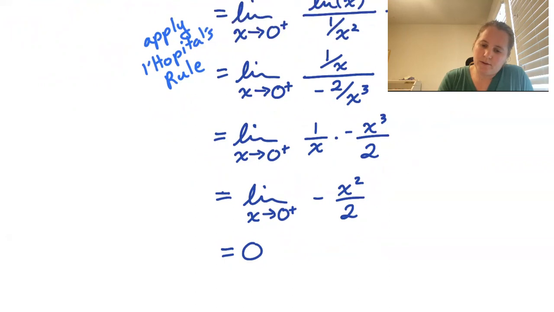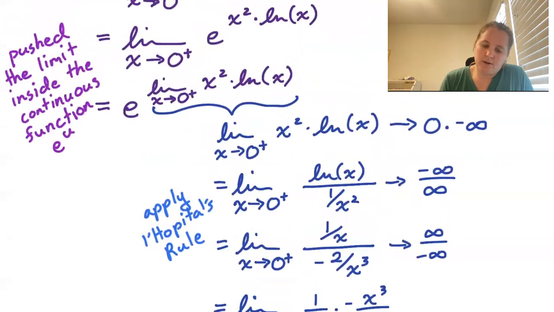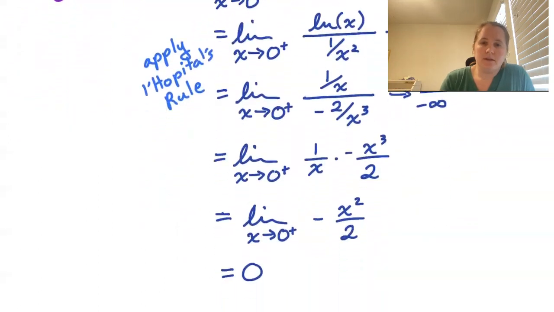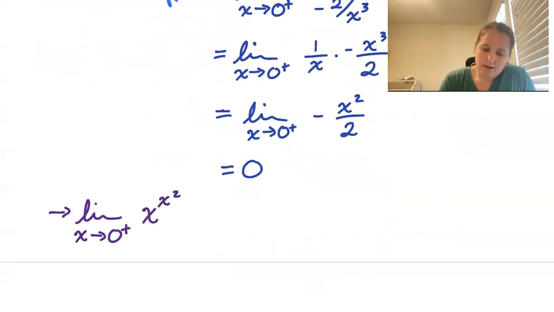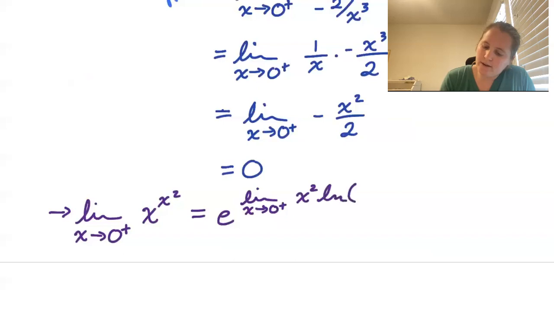So now what we can do is go back to our original e to the. So we had that our original limit as x approaches 0 from the positive side of x to the x squared was equal to what we found before, e to the limit as x approaches 0 from the positive side of x squared times natural log of x.